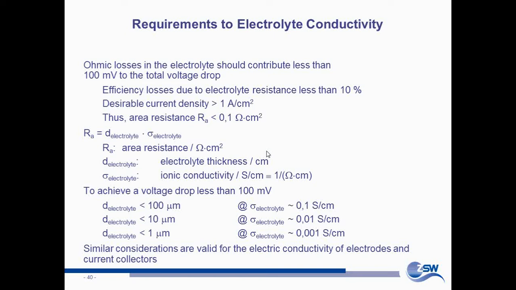100 microns today definitely is too thick. State of the art is of the order of 25, going down to 10. The solid oxide people are playing in that region. Meanwhile, 10 to 1 micron electrolyte, that's a challenge for the polymer folks. They are using nanofibers.